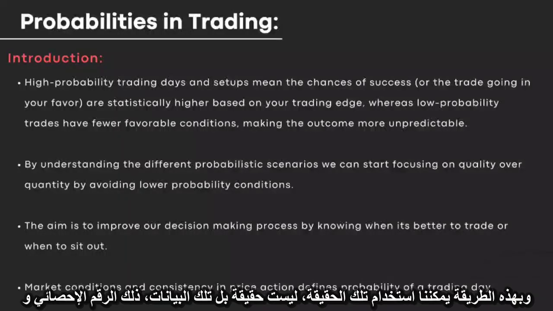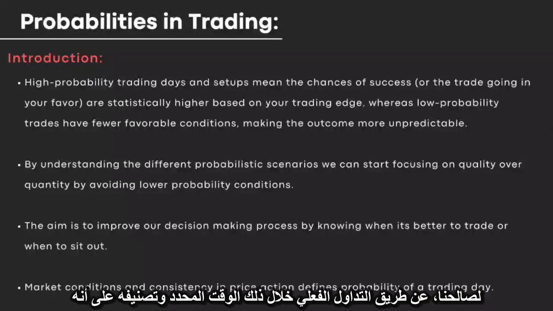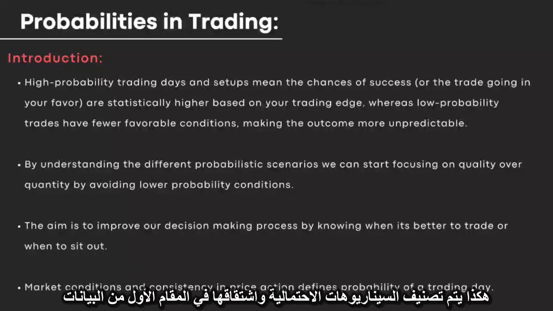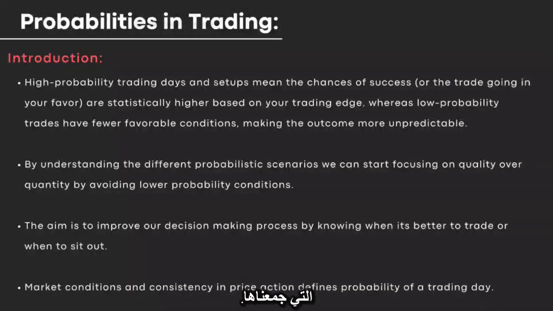And that way we can use that data, that statistical figure, on our side, by trading within that particular time and classifying it as high probability within our system, right? This is how probabilistic scenarios are classified and derived in the first place, by the data that we've collected.